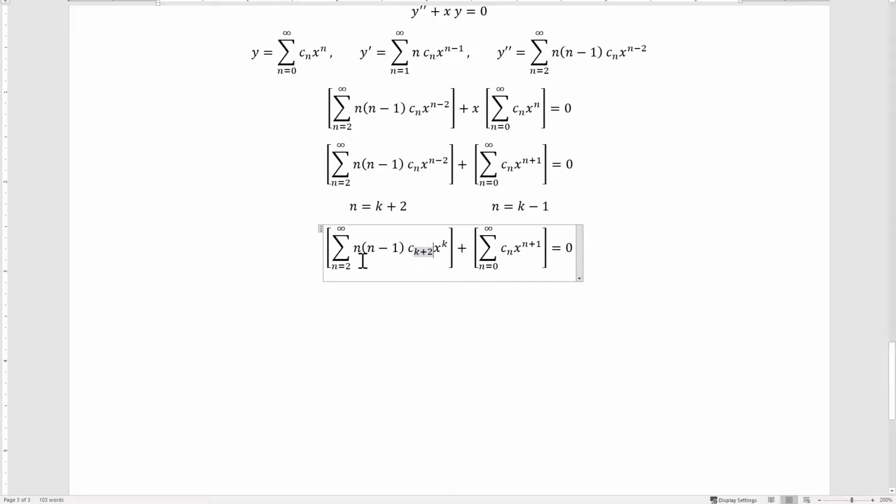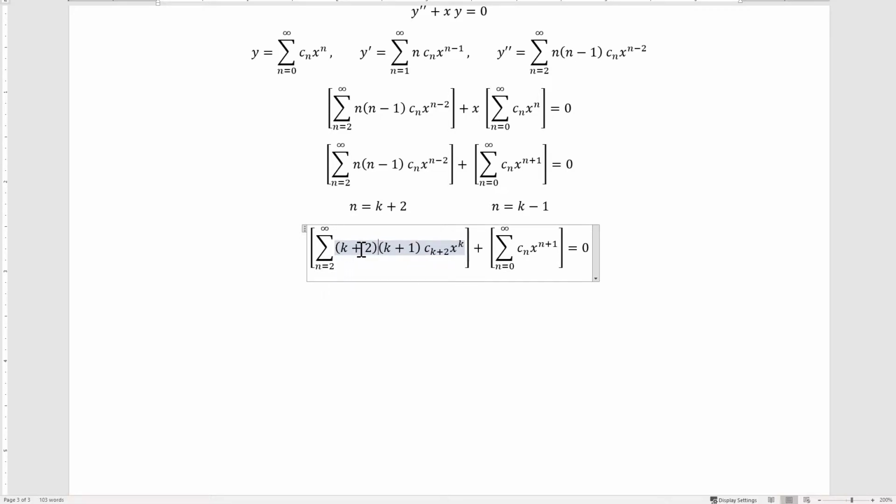Here, this is k plus 2 minus 1, which is k plus 1, and then the n is going to get replaced with k plus 2. And then our index will start with 2 less than 2, and that's going to be 0. So this is our first series rewritten.